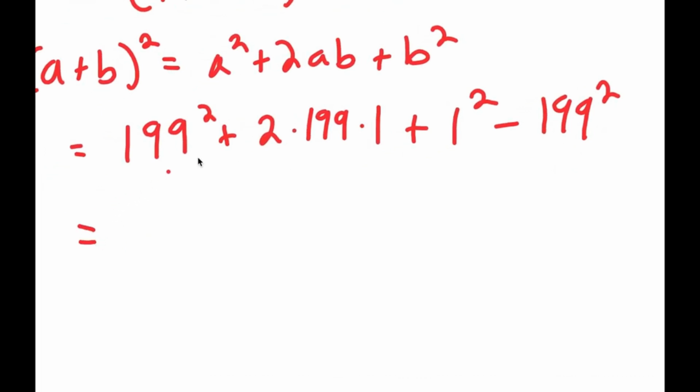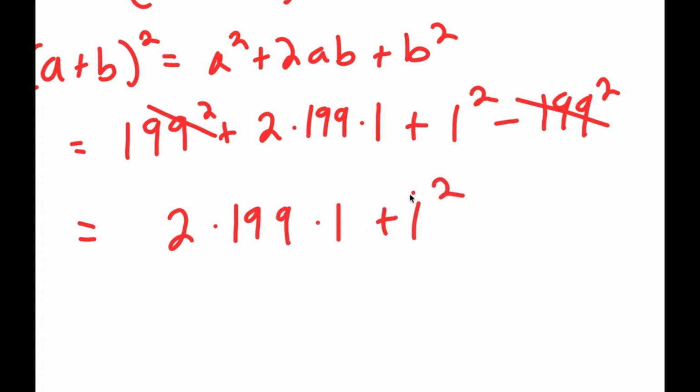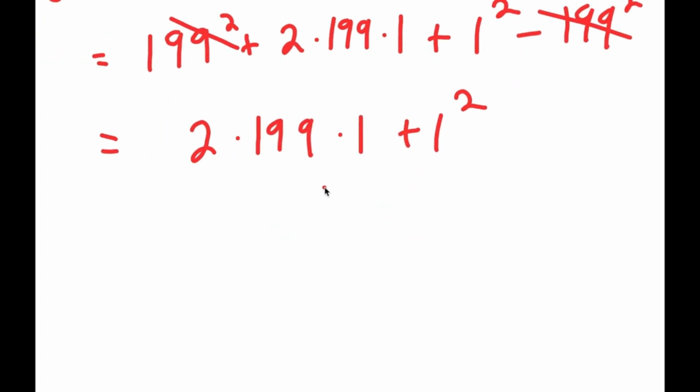And now this is equal to, you can cancel these two out, 2 times 199 times 1 plus 1 squared. And 2 times 199 times 1 is the same thing as 2 times 199, and 1 squared is the same thing as 1.